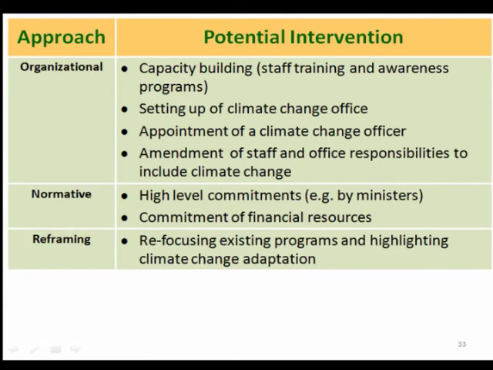In terms of organizational, it can be capacity building or staff training and awareness, setting up of a climate change office, appointment of a climate change officer, amendment of staff and other responsibilities to include climate change. Under normative, it can be high-level commitments, for example, by ministers or secretaries, and commitment of financial resources. And finally, under reframing, refocusing existing programs and highlighting climate change adaptation.